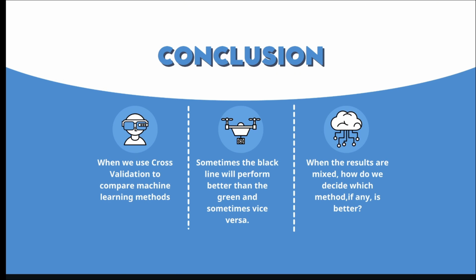The conclusion or summary of this chapter is: when you use cross validation to compare machine learning models, sometimes the black line will perform better and sometimes the green one. When the results are mixed, how do you decide which method is better? For that, we need to involve statistics.